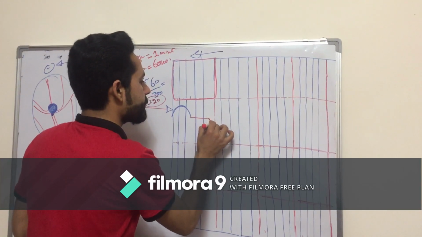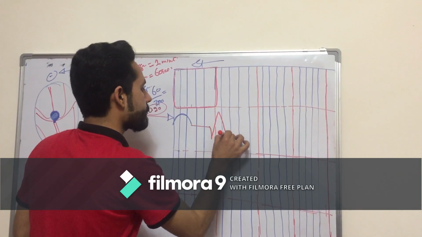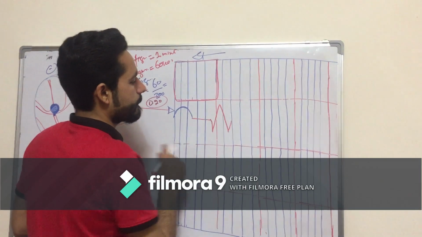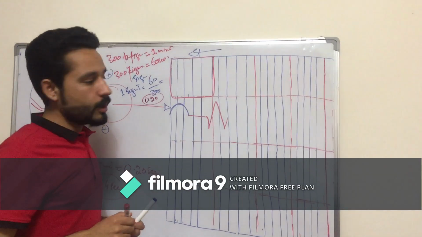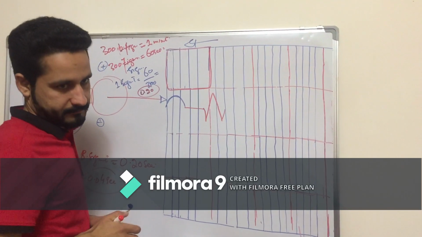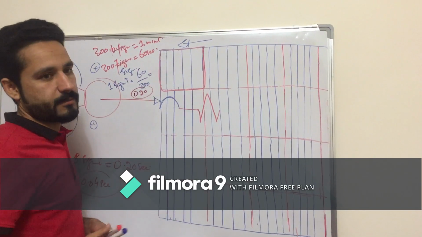This is half, 1, 2. So the QRS will occupy the same 2.5 segments.